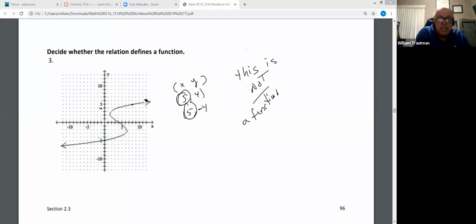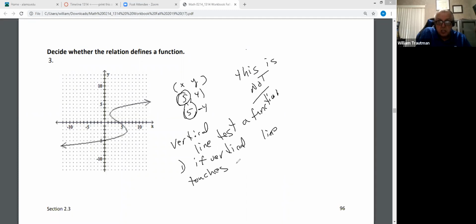Another way of looking at this, we call it the vertical line test. If a vertical line touches the graph more than once, it's not a function.